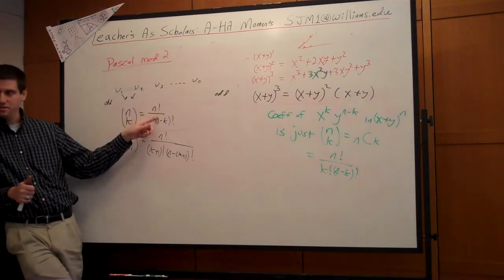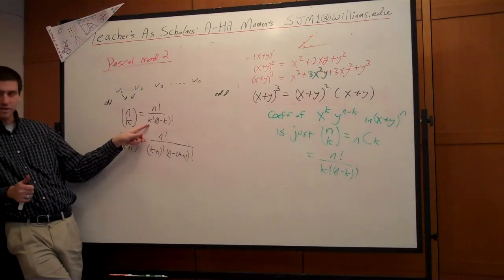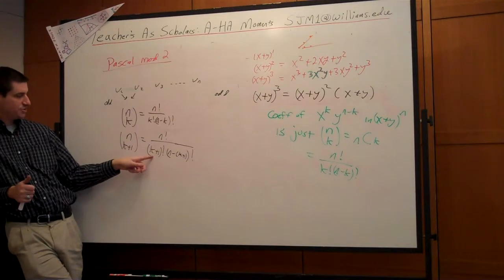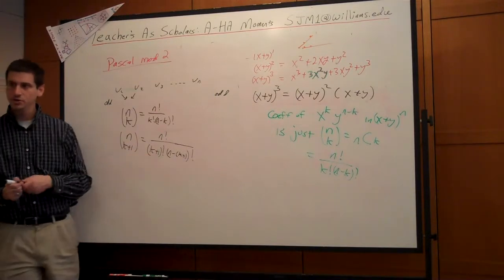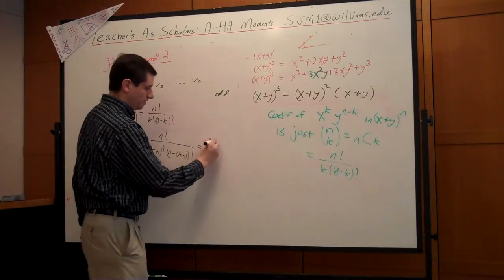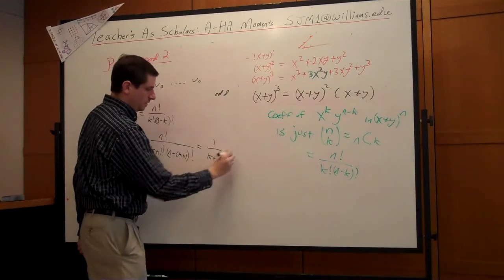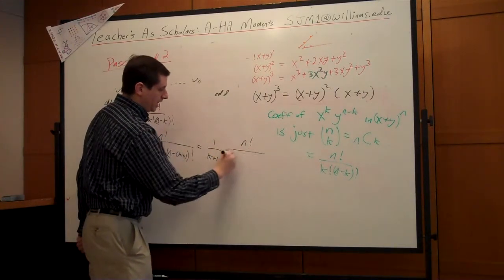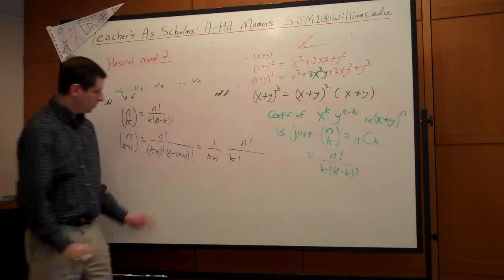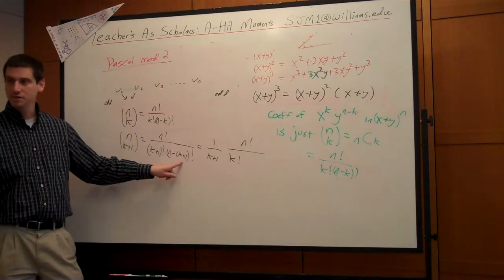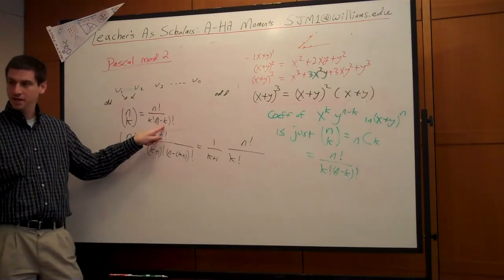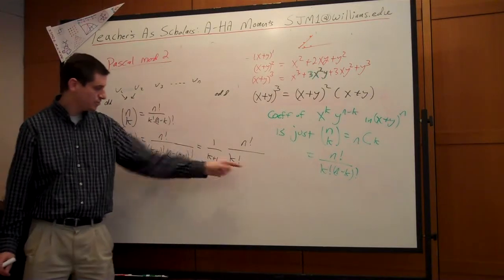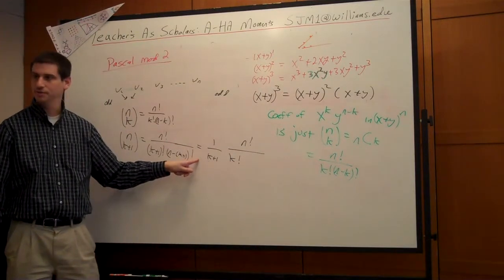How is this similar to this? Well, instead of having k, k minus 1, k minus 2, I have this extra factor of k plus 1. So let me pull out a k plus 1. I have an n factorial here, I have a k factorial here, but now I start at n minus k plus 1. This starts at n minus k. I want to put in an extra n minus k down below.